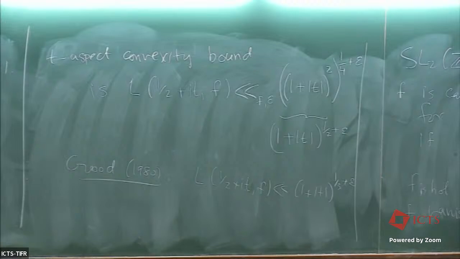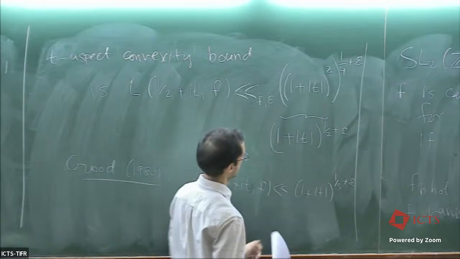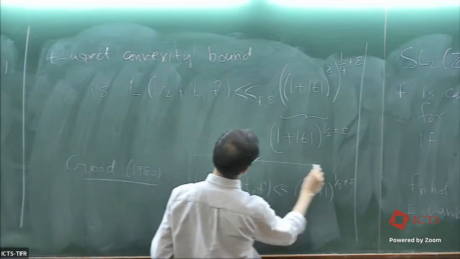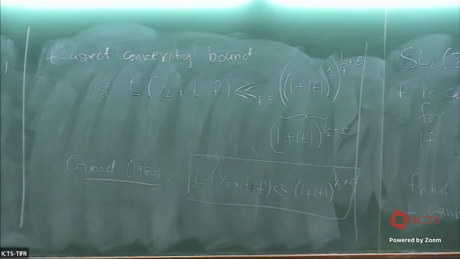And then came along Meurman and Jutila. They proved it for Maass forms. So I'm not really going to talk about Maass forms. I'm just going to talk about this particular result, but we are going to prove it in a different way.